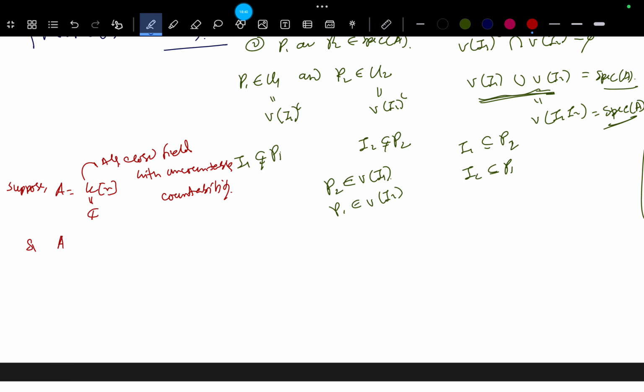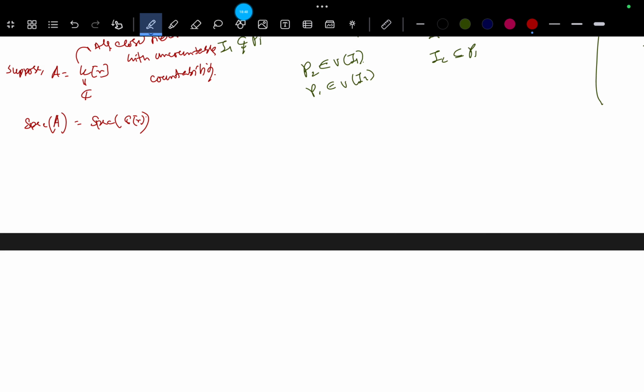So what is Spec of A then? It is Spec of C[x]. As C is an algebraically closed field, any polynomial can be split into a product of degree one polynomials.